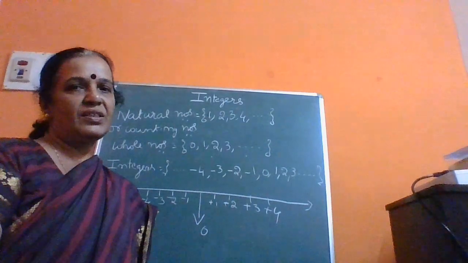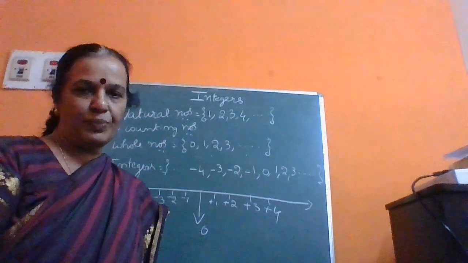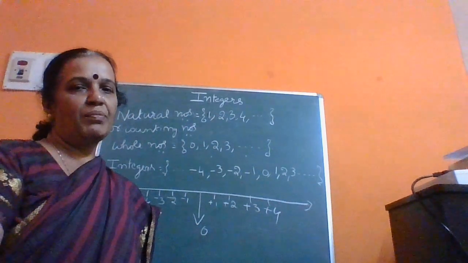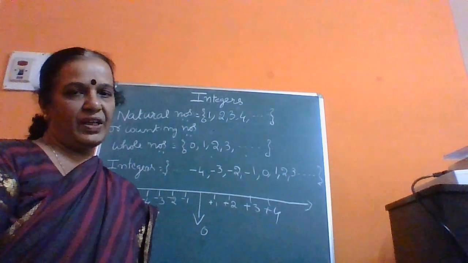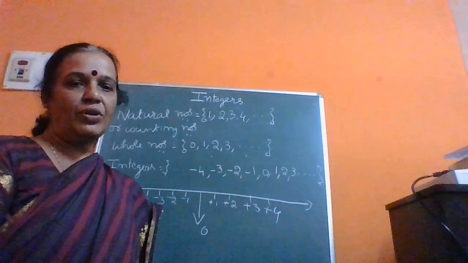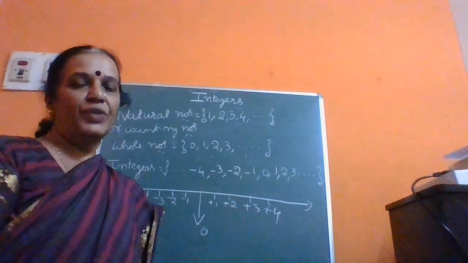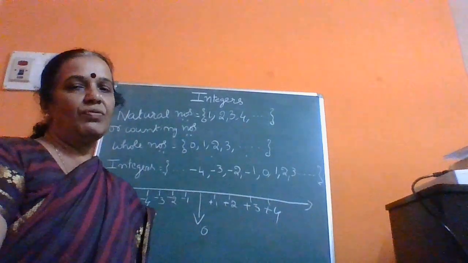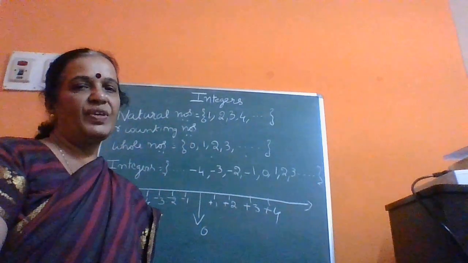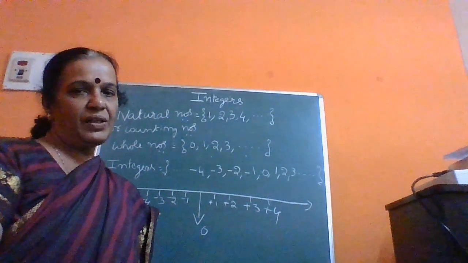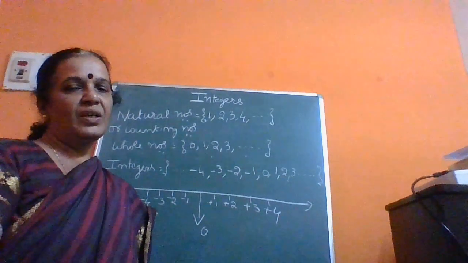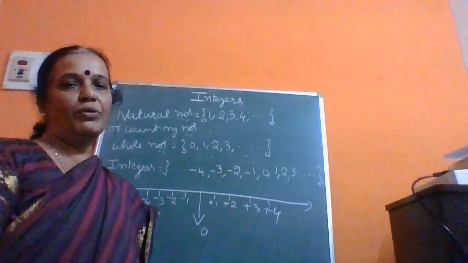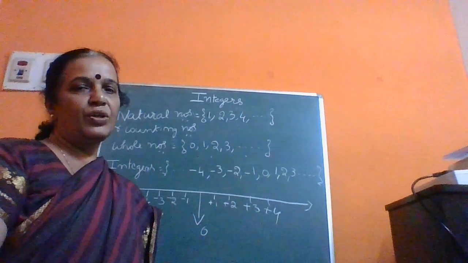A person is depositing 500 rupees to the bank, then we write that number as +500. When we have to withdraw money from the bank, that number we represent with the negative sign. For example, a person is withdrawing 200 rupees from the bank, then we write -200.